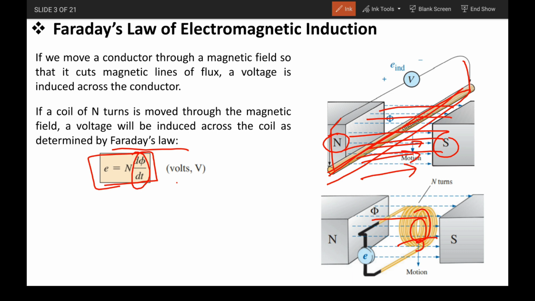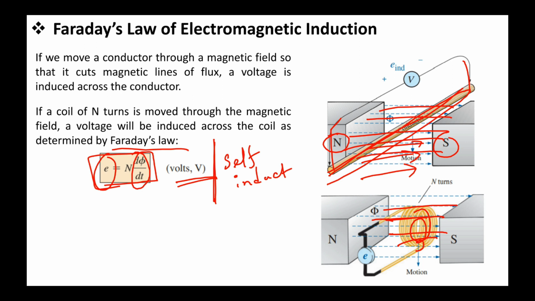The unit is definitely volt, since we are talking about induced voltage. And we can say this is due to self inductance, because the magnetic field is associated with the coil itself.